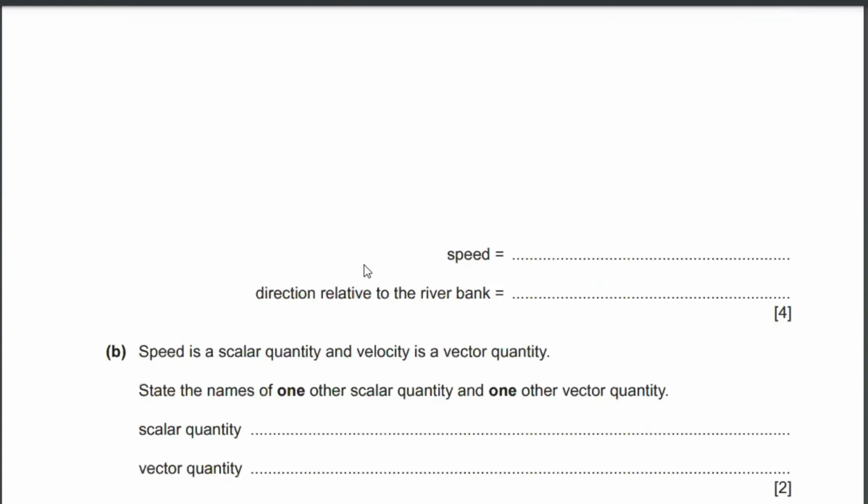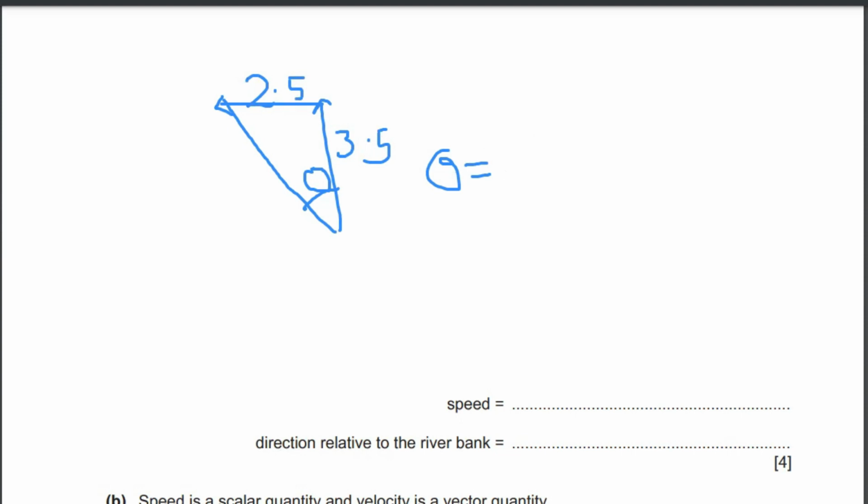Next is to find the direction relative to the river bank. We will use the same vector diagram, but now concentrating on the angle it is making. It wanted to go straight, but due to the current of the river, it is made to go to the left. The formula would be for tan theta, because we want to find the angle that it is making relative to the bank.